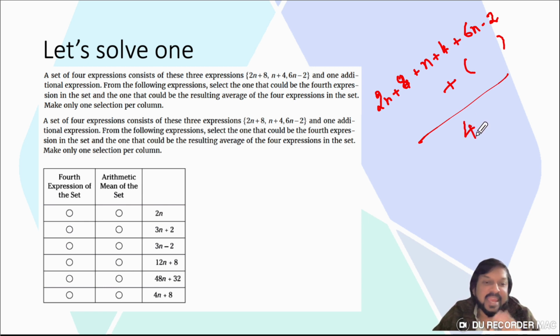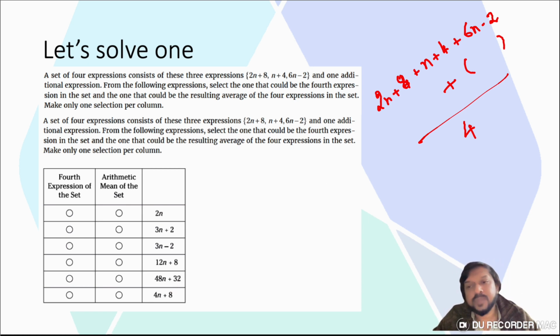Whatever result I get should also be available in one of these boxes, in one of these rows, in the 3rd column, right? And then these 2 match, and we get our final combination of one being the 4th expression, the other being the arithmetic mean.